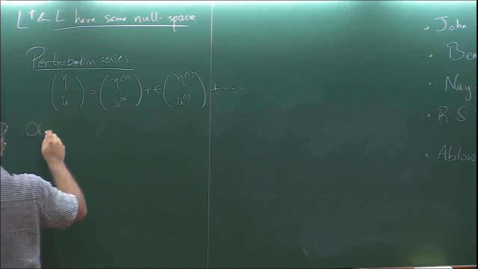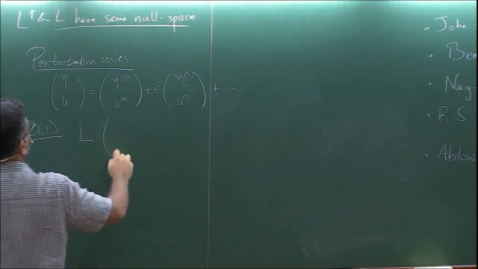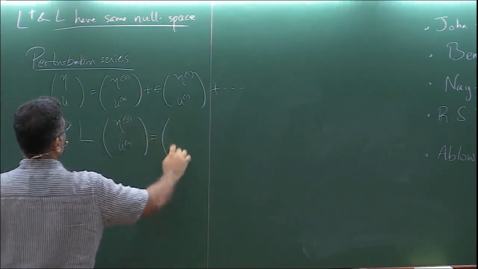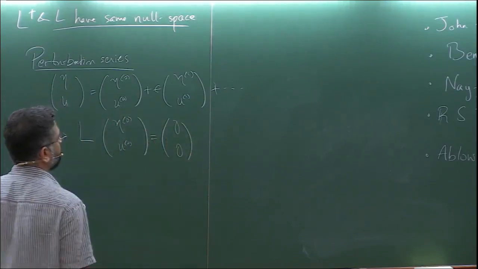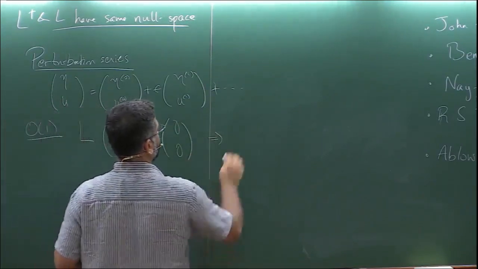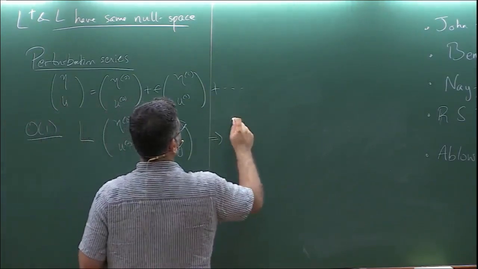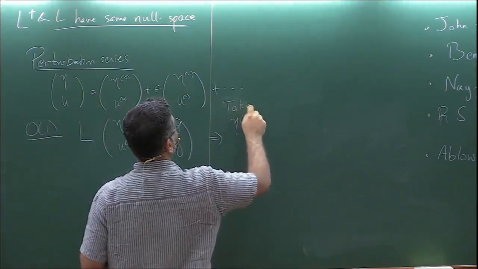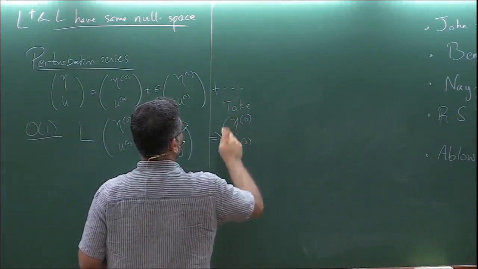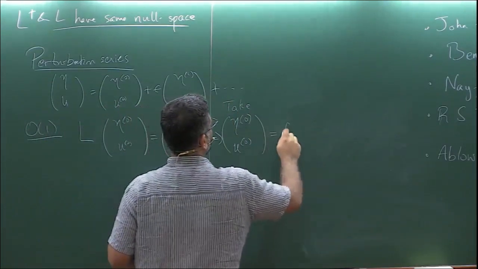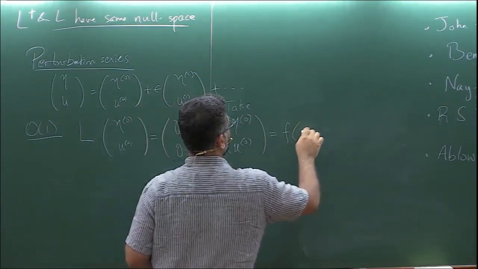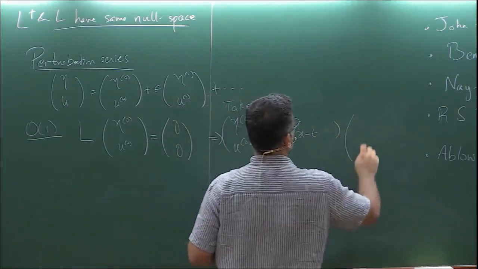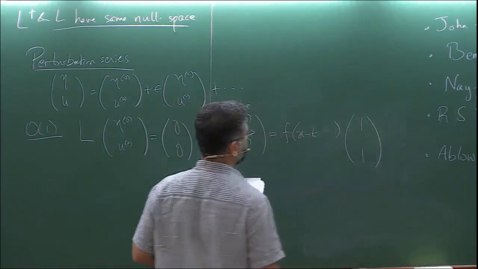Okay, so the order 1 equations are nothing but this. Which then says we can write down, this is not the general solution, but we're assuming that this looks like x minus t, 1, 1.